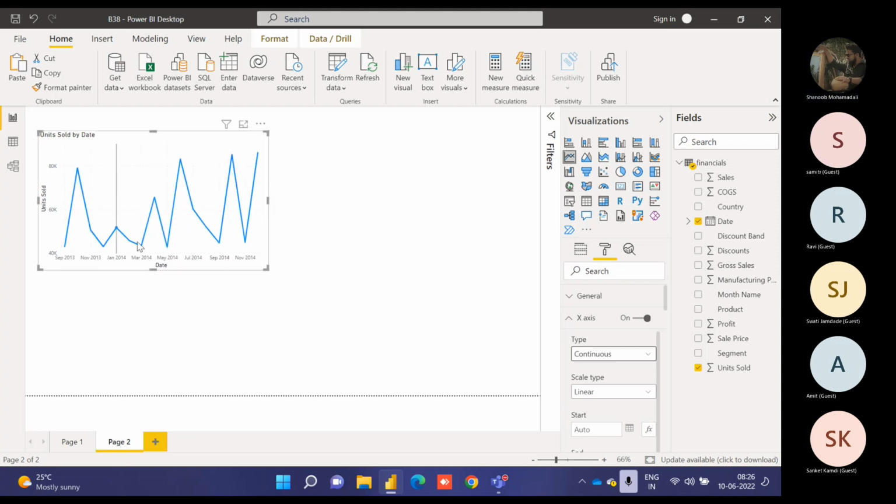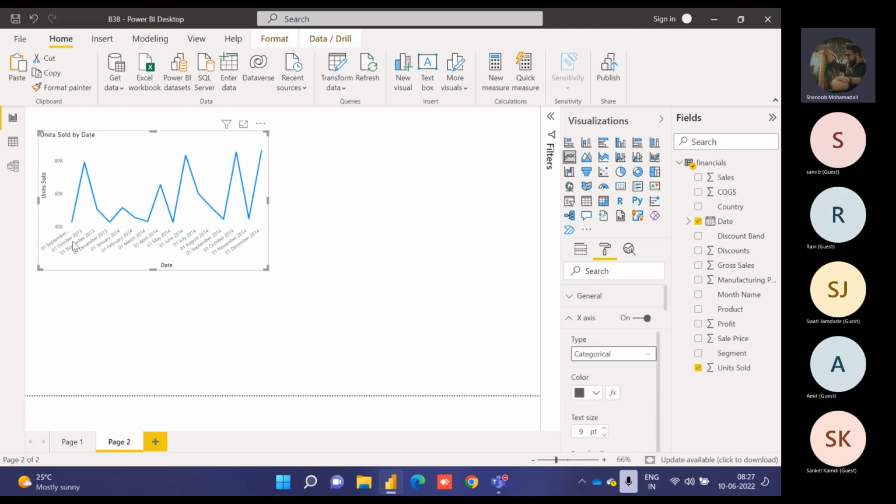I have continuous months like September 2013, then October 2013, but the label is not visible. To make this label visible, you change the type to categorical and it would be visible. Now, if you see here, the format is giving me the complete date with the day, which I don't need. What I need is only the month and the year. So how can I get month and year in this case?